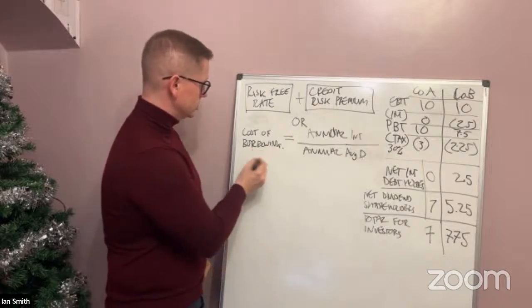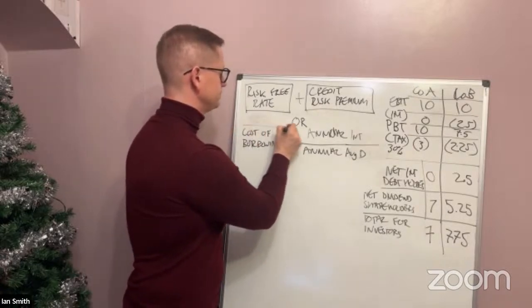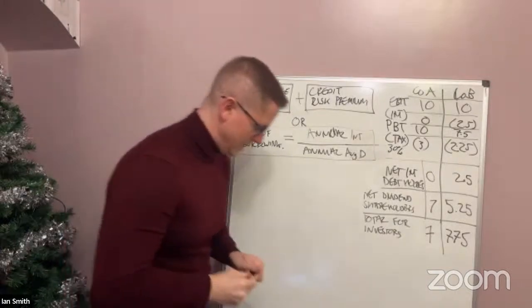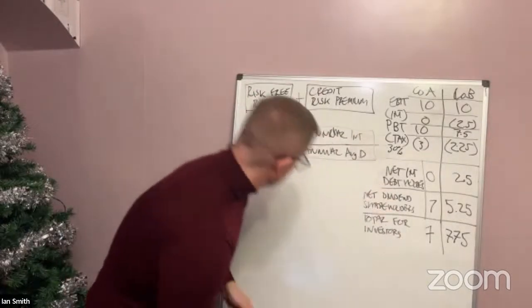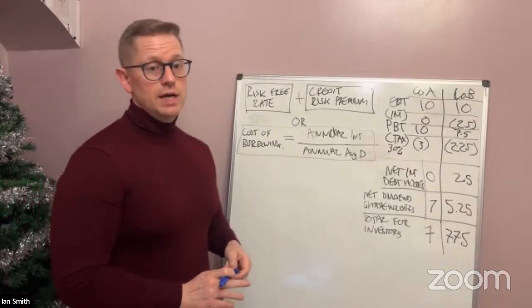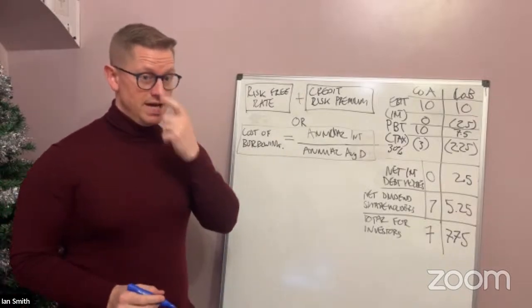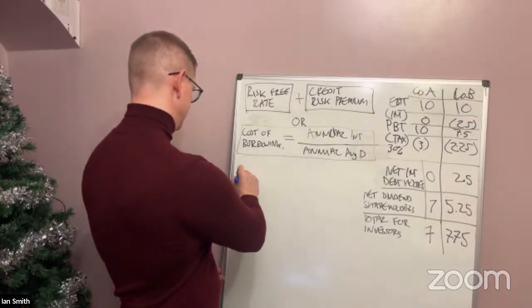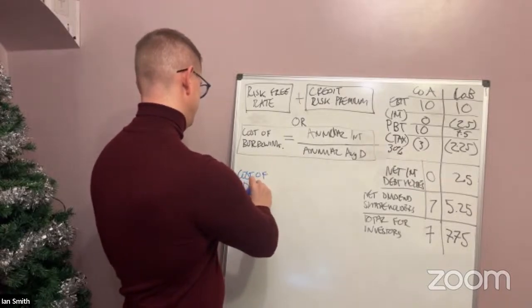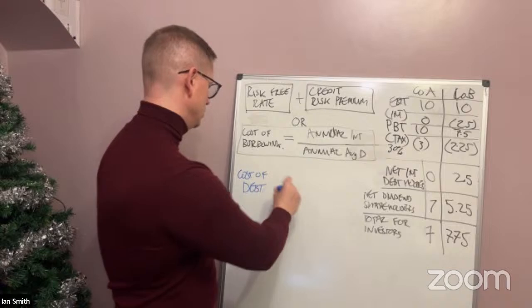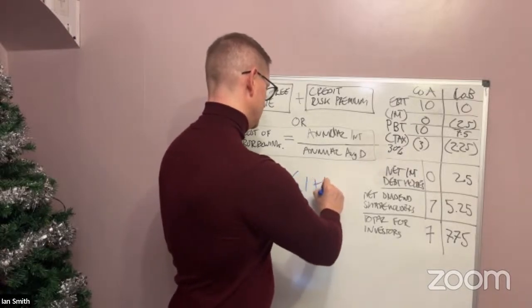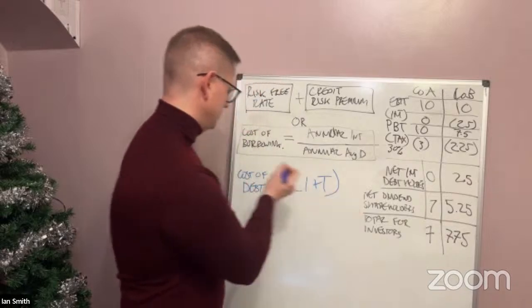So once we've got the cost of debt, we then need to multiply that by 1 minus the tax rate. So we have cost of debt multiplied by 1 minus tax.